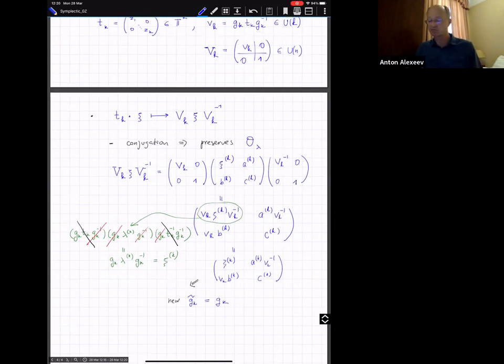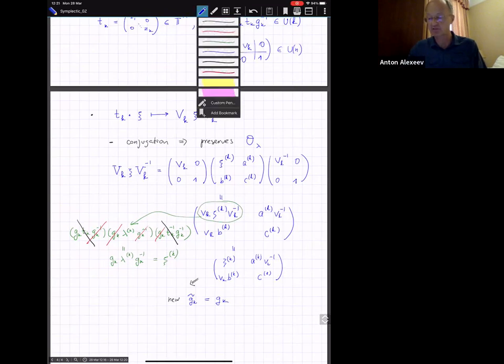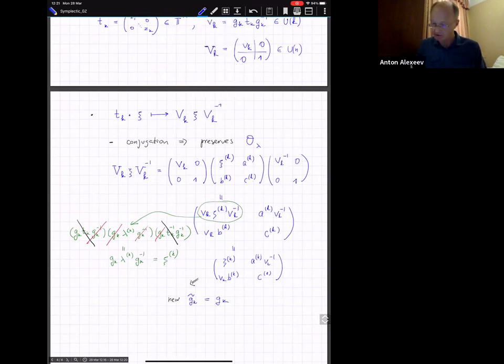This is important because of the following. Suppose you have two elements, T and T prime, and you take a composition. Right?